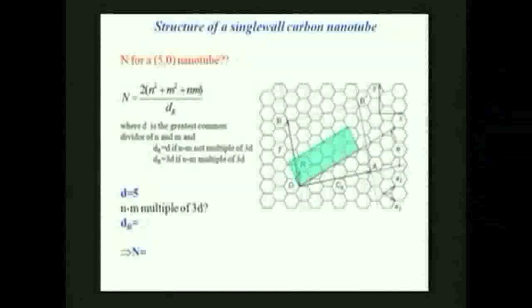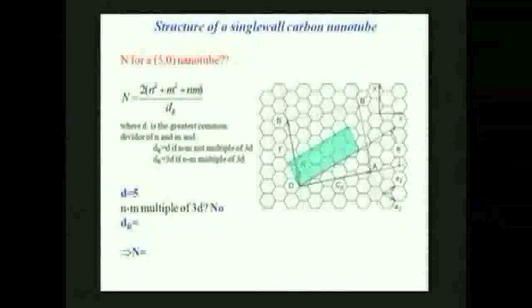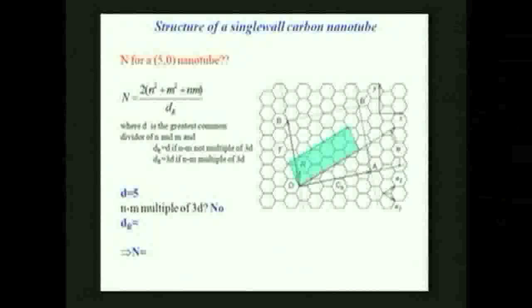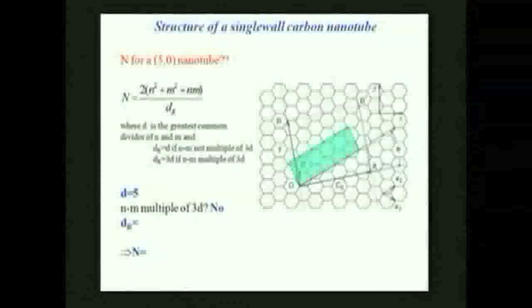When you multiply 15 by an integer, can you find 5? No, you can't. When you multiply 15 by an integer, you have 0, or 15, or 30, but you never have 5. So the answer is no. In this case, n minus m, 5, is not a multiple of 3d, which is 15.